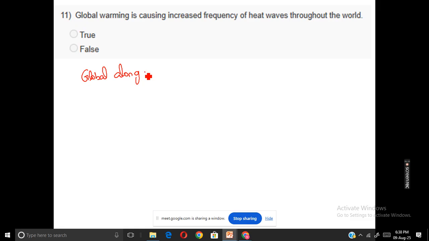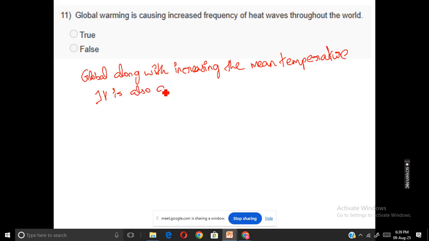Along with increasing the mean temperature, global warming is also affecting the extremes. A heat wave is basically a temperature extreme.